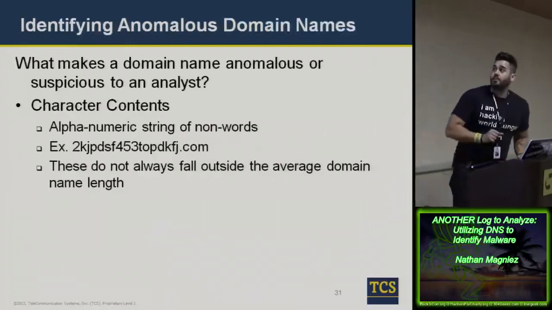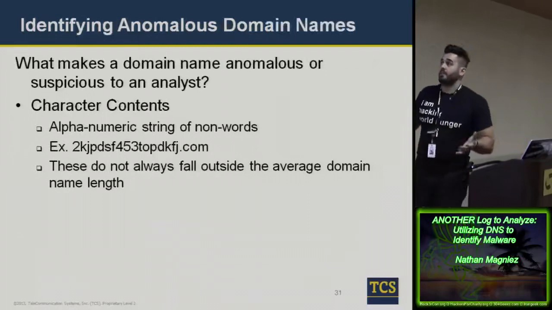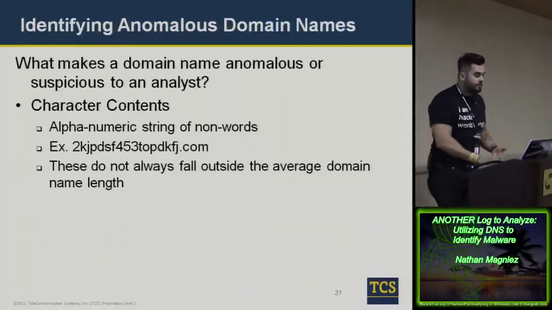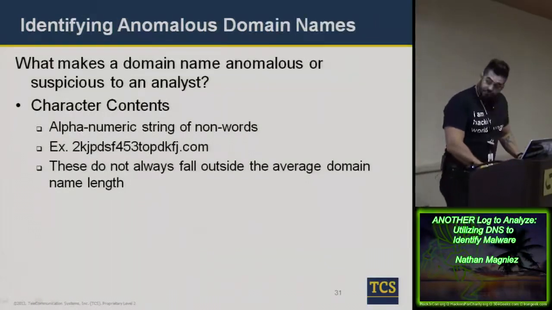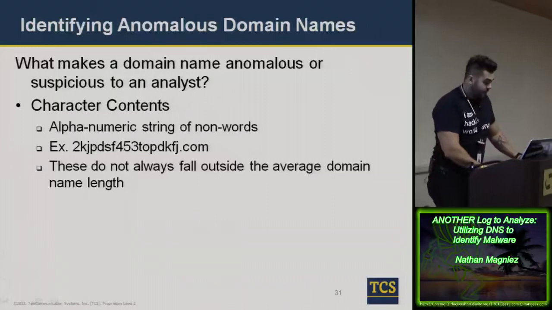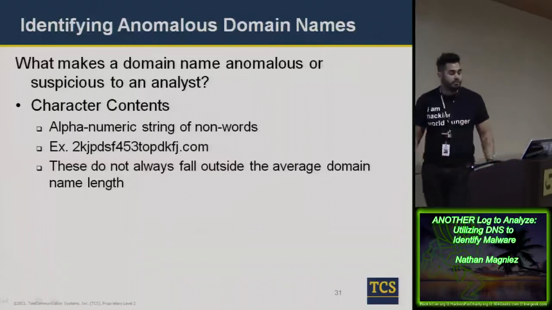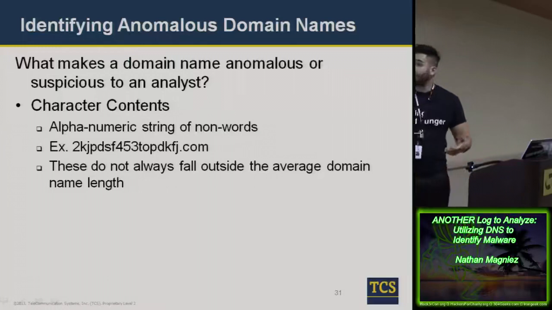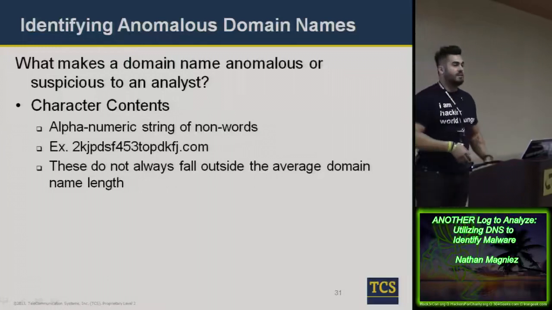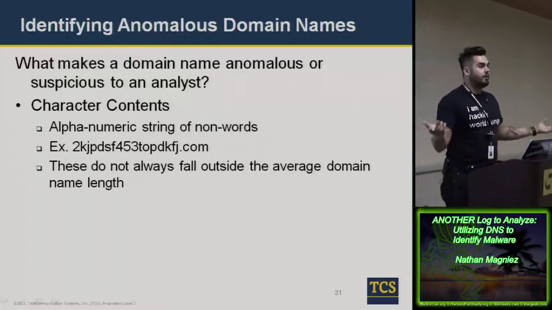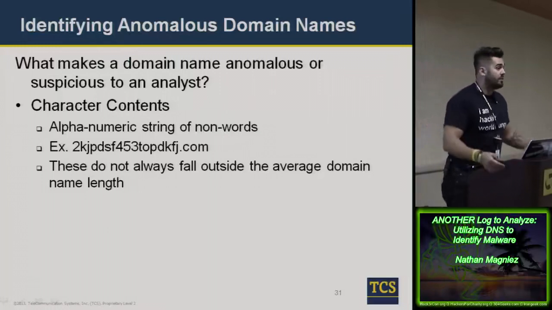All right. So what else makes a domain name anomalous or suspicious to a defender? Specifically, character contents, that's alphanumeric characters. Example being 2kjpdsf45.com. Something that's just consonants and numbers strewn together, right? It's available because nobody wants it.